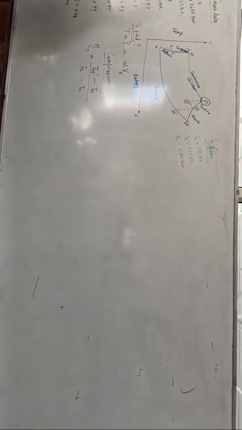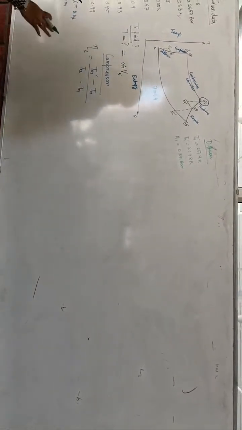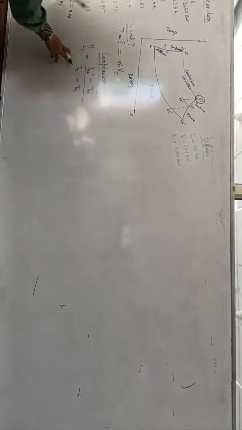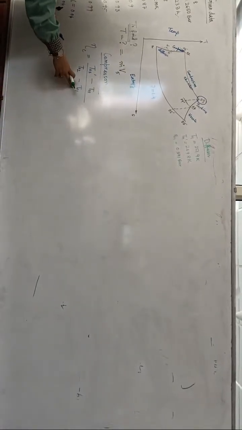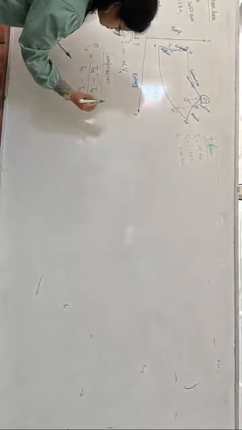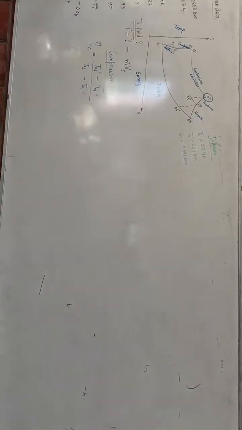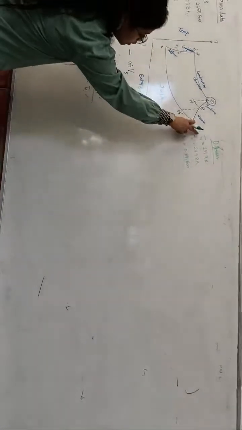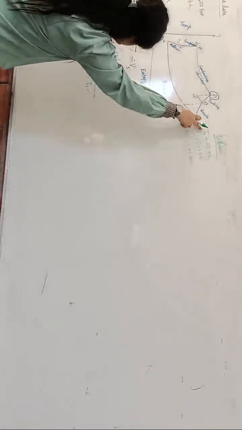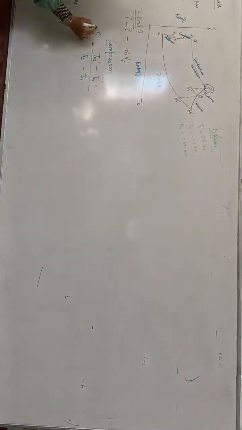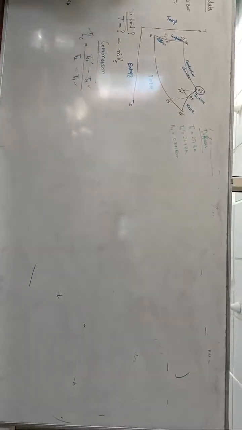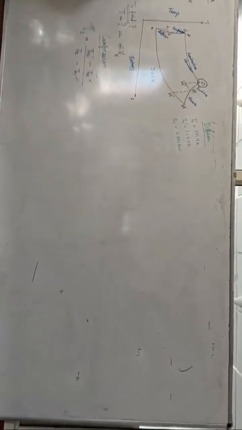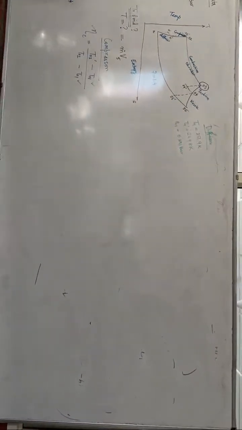Now, let's check what other values are known to us. Here, T01 is known to us, given we found from the previous data. Eta C value is given. From here, we can utilize it.